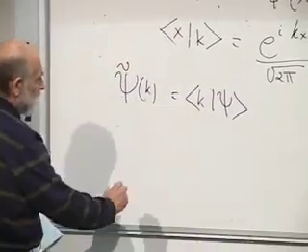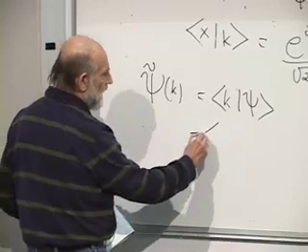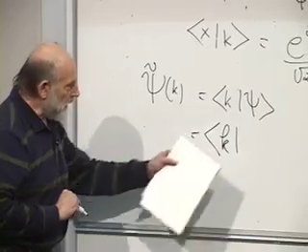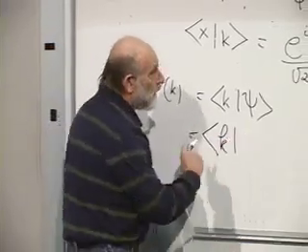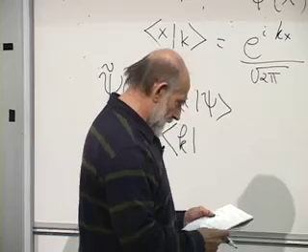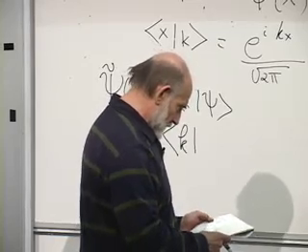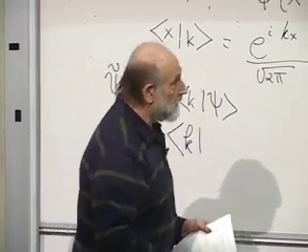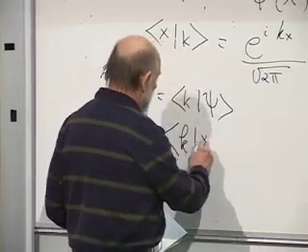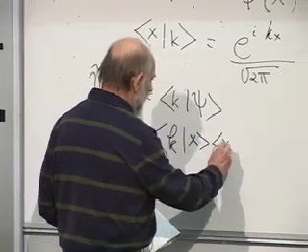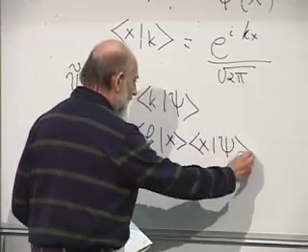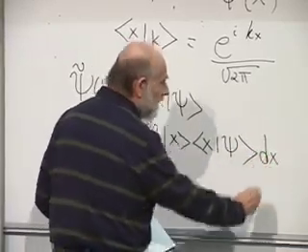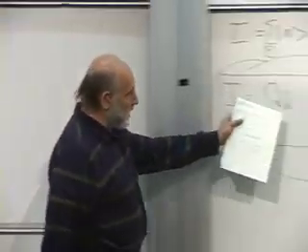What we're allowed to do is insert into any expression... Let's see, which one do I want to put in there? Psi, integral dx. What I've done here, this is not quite what I've used.